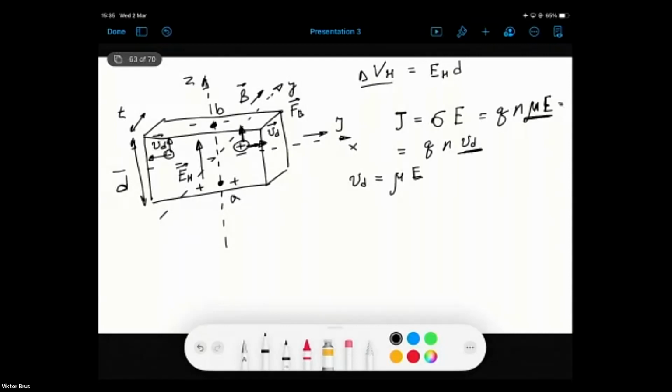If instead of this electric field we put unity, then we will get the definition of mobility of charge carriers. That is a very important parameter because mobility defines how easily charge carriers can move in a given material. And that is one of the important electrical properties of any material.